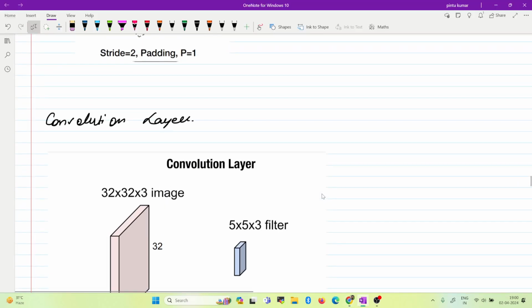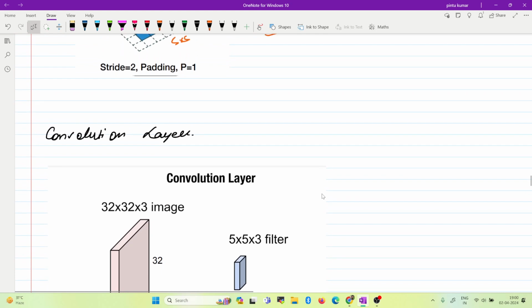Okay. So how does a usual CNN look like is that you will have some input image. Then you will have a layer of a convolution. Then would be something called pooling, that we'll see what it is.